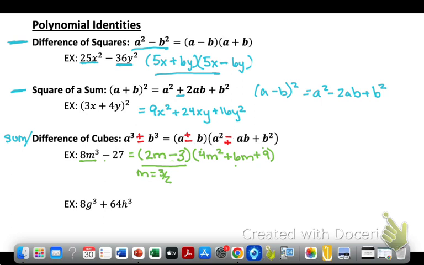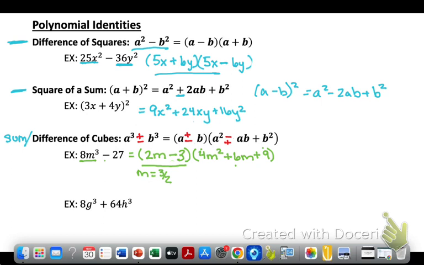So let's do the sum one down here. So 8g cubed plus 64h cubed. So what cues me off on this problem to look for if they're perfect cubes? The g cubed and the h cubed, right?